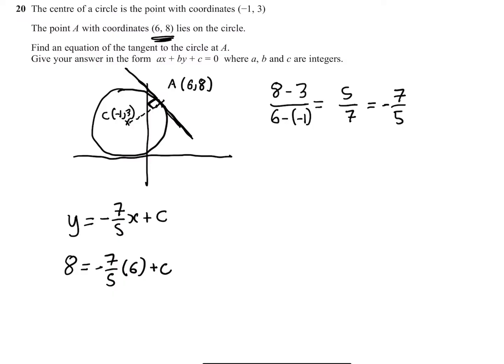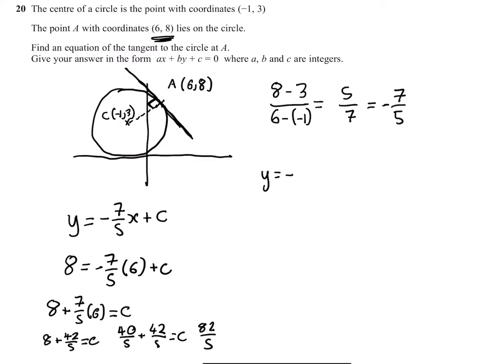We can rearrange to find c. 8 plus 7 over 5 lots of 6 is equal to c. So we have 8 plus 42 over 5 is equal to c. We can simplify this. 40 over 5 plus 42 over 5 is equal to c. So c is going to be 82 over 5. So now we have the equation, which is y equals minus 7 over 5x plus 82 over 5.